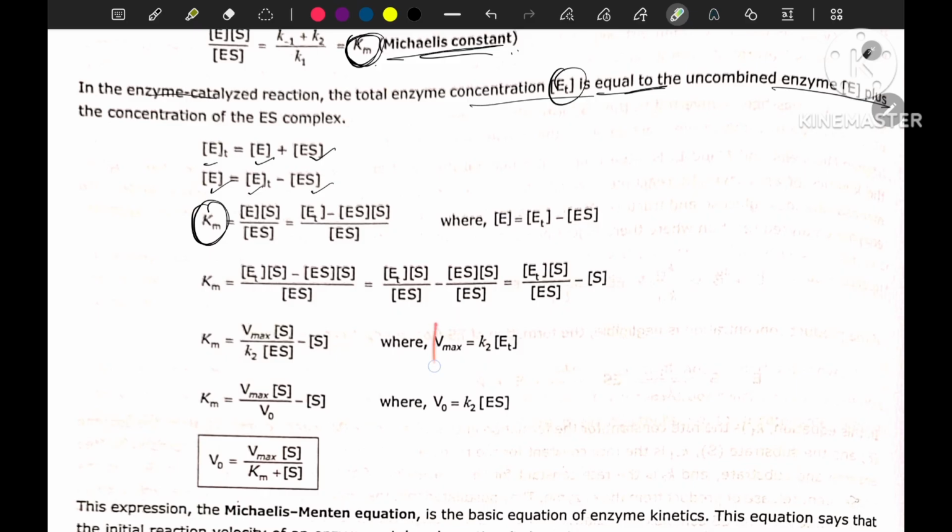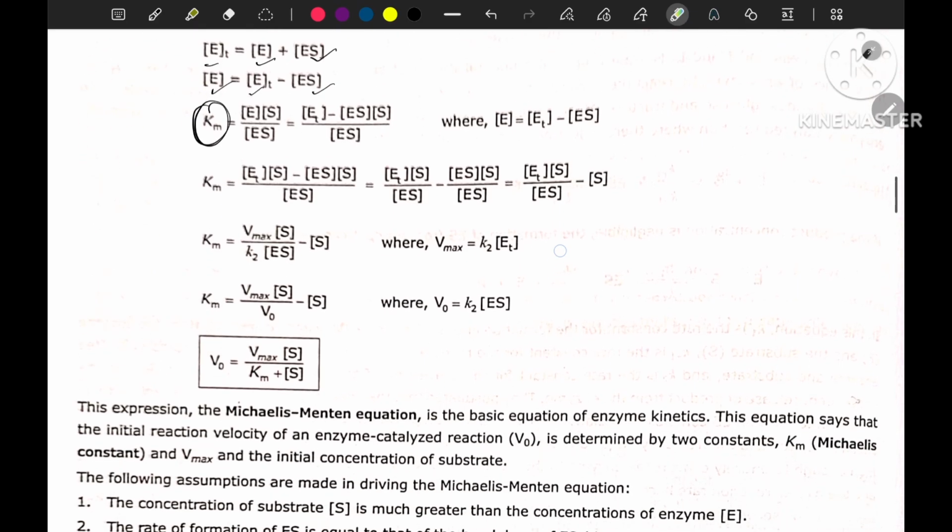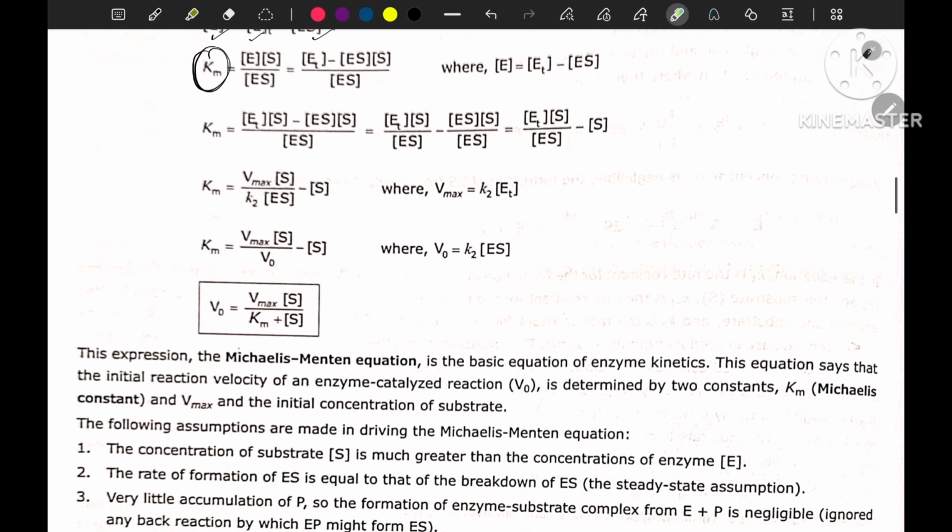How are we getting this? We know Vmax is equal to K2 times the concentration of total enzyme. So now Km is equal to Vmax, and because K2 [ES] is equal to V naught, Km is equal to Vmax times the concentration of substrate upon V naught minus S. So what do we know now?